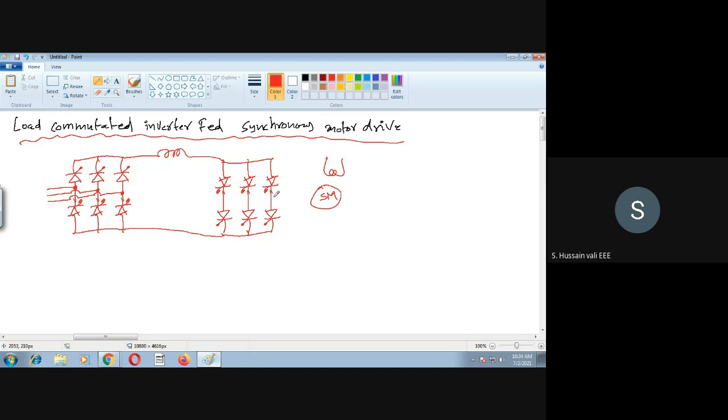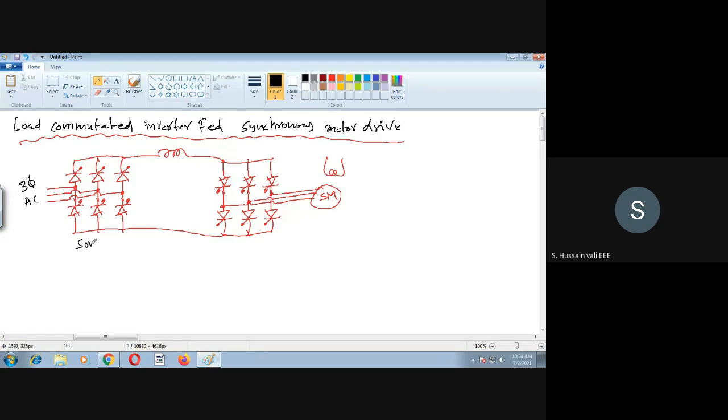So you have, this is the output. Now this is a three-phase AC. So load commutated inverter, in the sense you have two converters here.